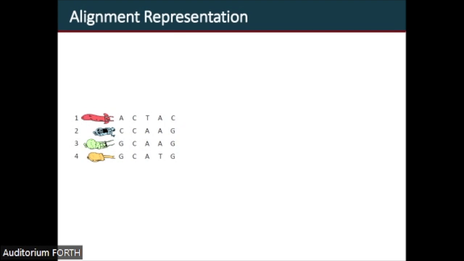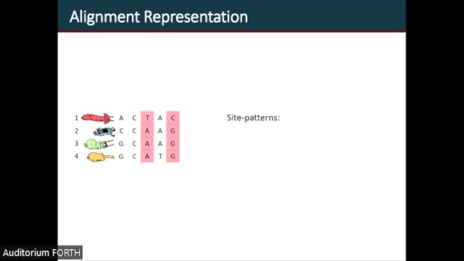However, we don't use the alignment directly as input. Instead, we use site patterns. The site patterns only consider which sequences show the same nucleotide in one site and which have different ones.